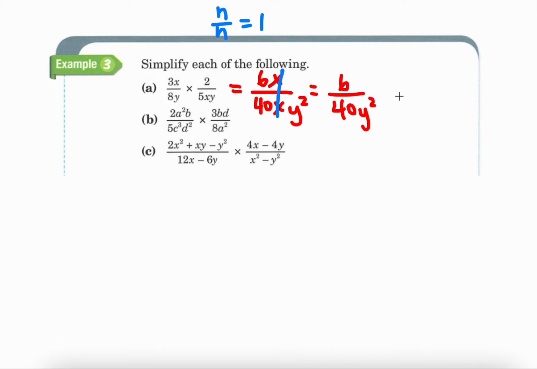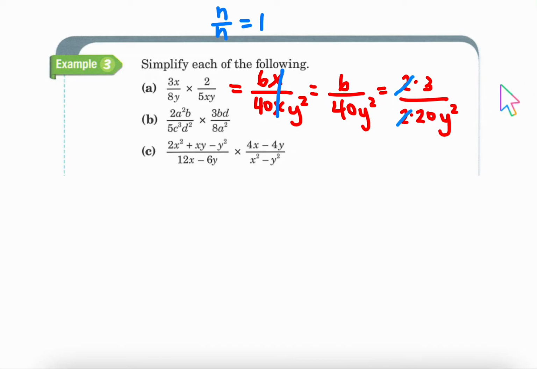y squared. You're probably thinking to yourself, but I can reduce 6 and 40, because 6 can be reduced to 2 times 3, and 40 is 2 times 20. So then both those 2's can be canceled out. I can use my blue so you can see that. 2 and 2's cancel each other out.